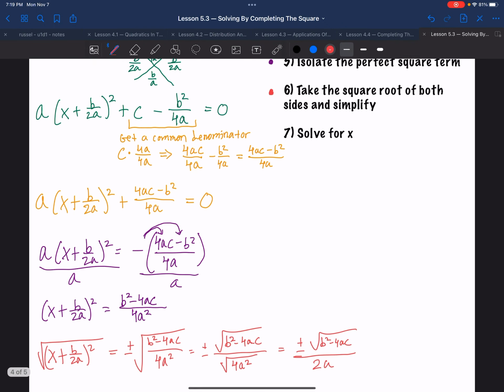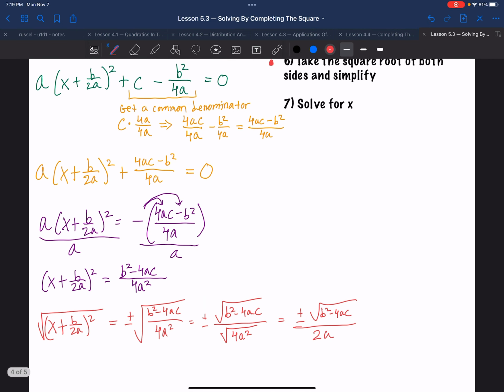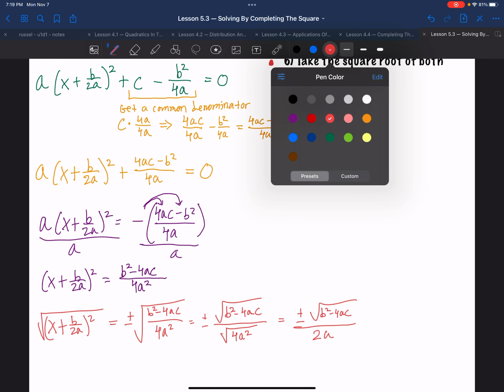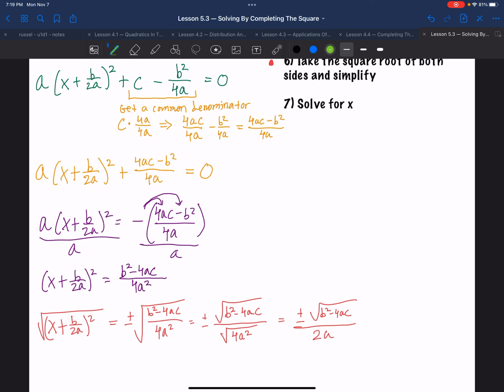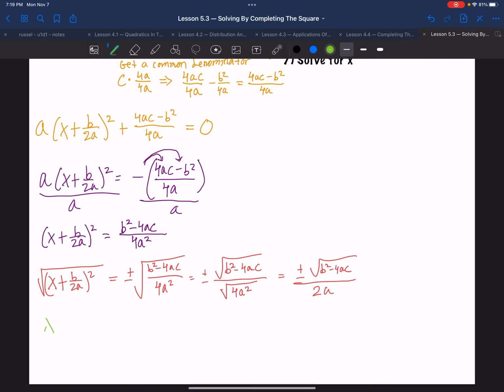Finally, we want to solve for X. So let me switch to maybe this light green. Solve for X. So I've got X plus B over 2A equals plus or minus square root B squared minus 4AC over 2A.